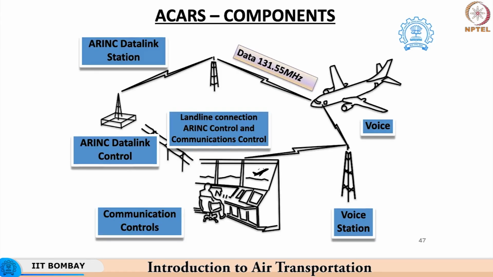This is a brief summary of the overall ACARS system. Firstly, there is an aircraft which is trying to communicate with the ground station. Then there are the transceivers, for the data as well as the voice communication.